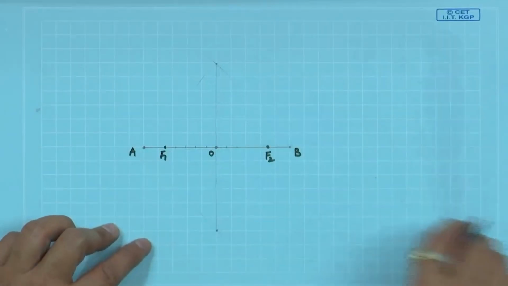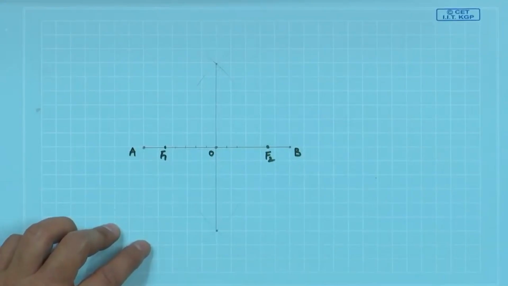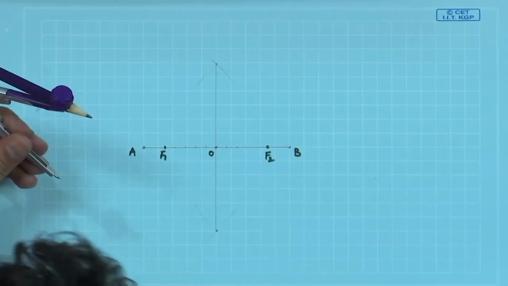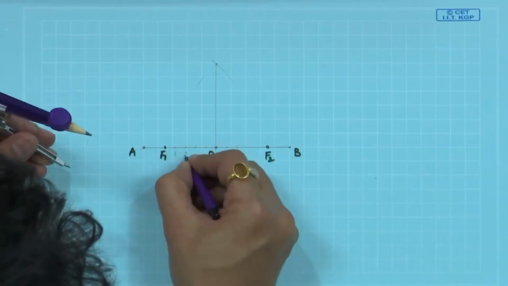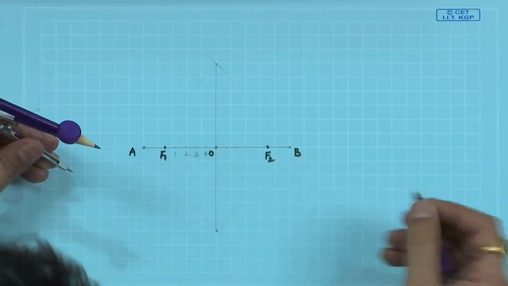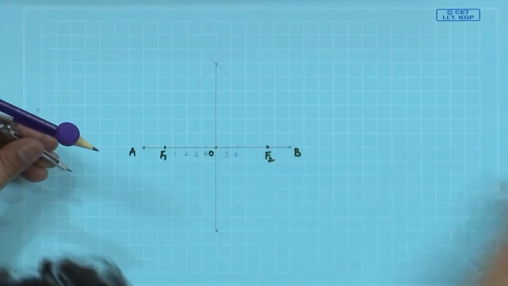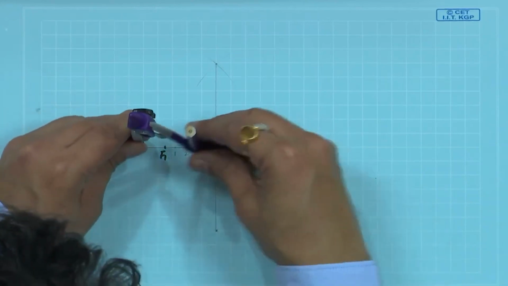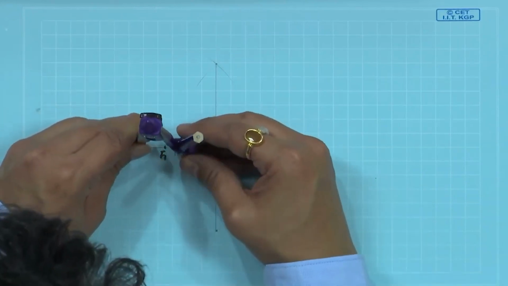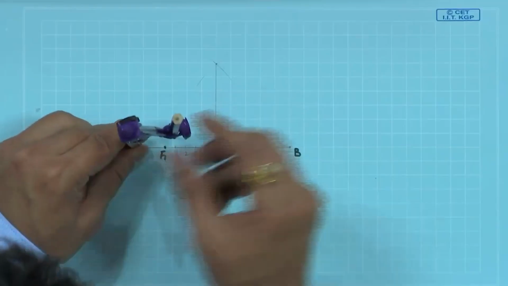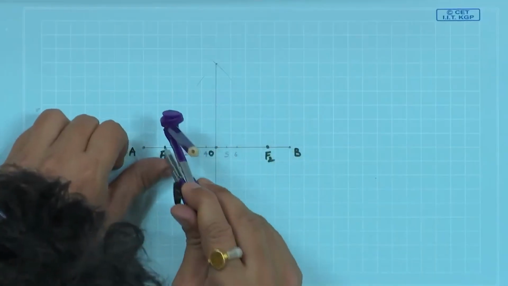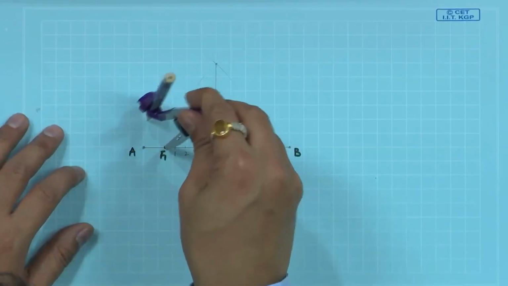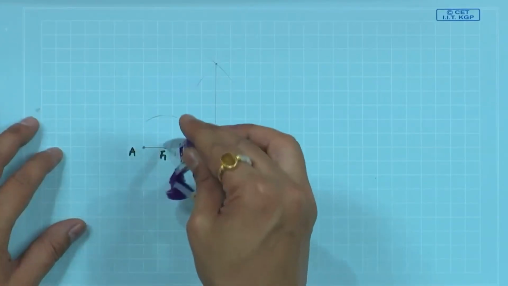Once this division is done, we have to measure the distance A to 1. Let us name them as 1, 2, 3, 4, 5, 6 and so on. A to 1, whatever the distance, use your compass, A1, use F1 as center, and mark an arc on both sides.